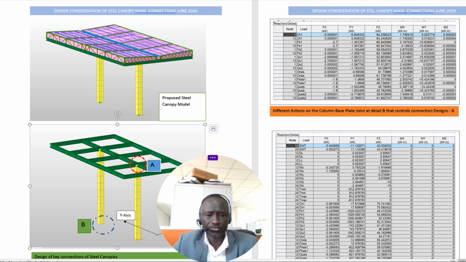And please make sure you consult during your design process, the role play; make sure everybody is responsible for their area of jurisdiction. The geotechnical team should give you the parameters for you to use.